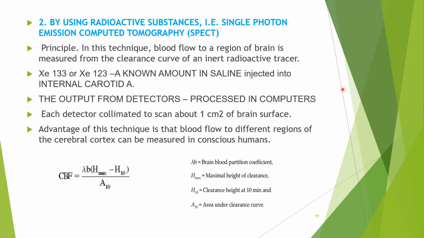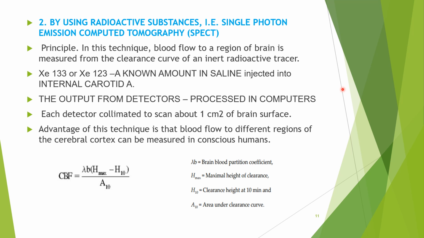A known amount of this xenon, which is in gas form, should be dissolved in a known amount of saline and injected into the internal carotid artery within 1 to 2 seconds. So what we are doing?